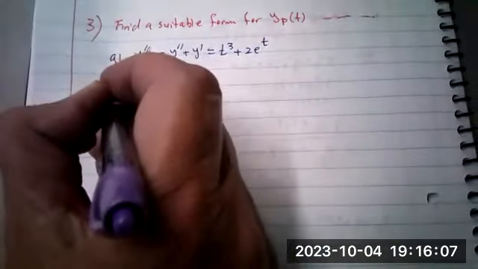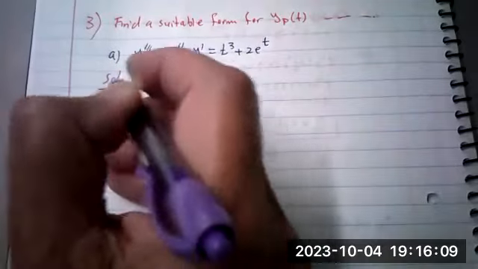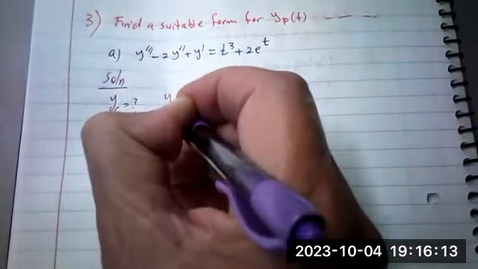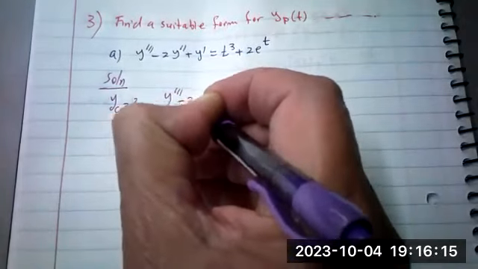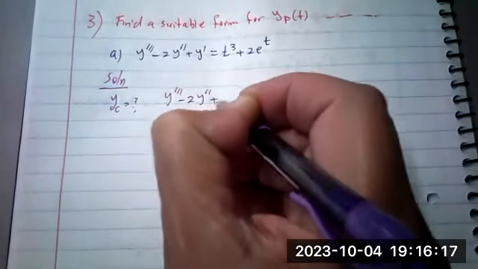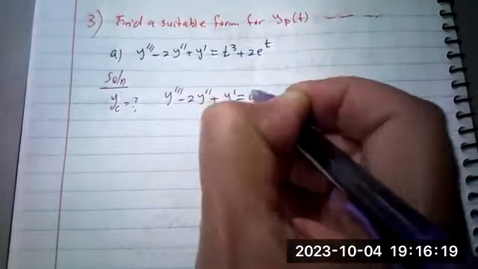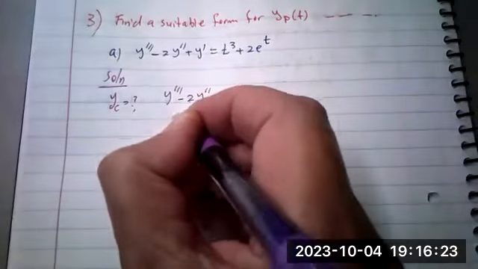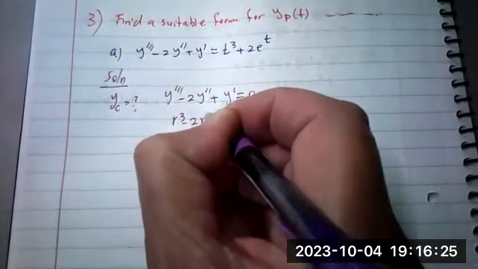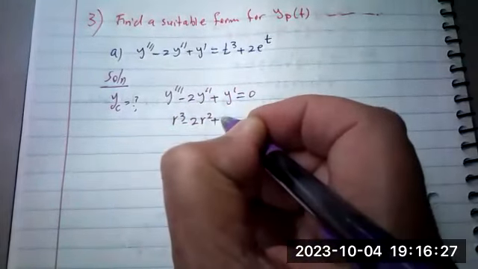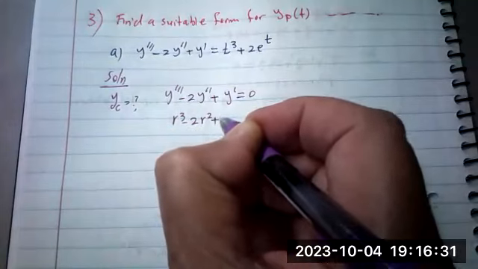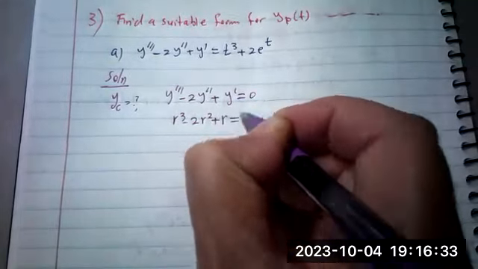So find the y_c. The equation is y triple prime minus 2y double prime plus y prime equals 0. What's the characteristic equation for this one? r cubed minus 2r squared plus r equals 0.